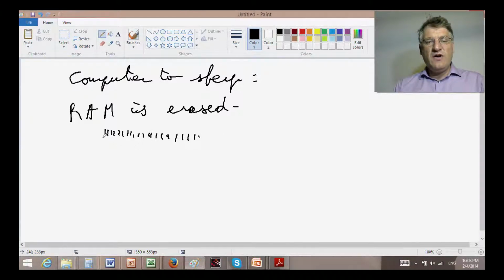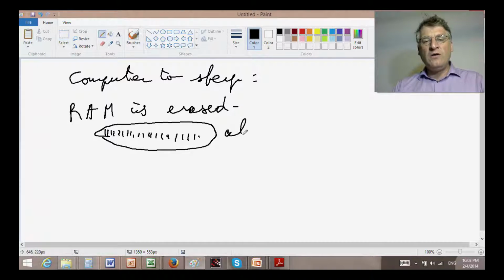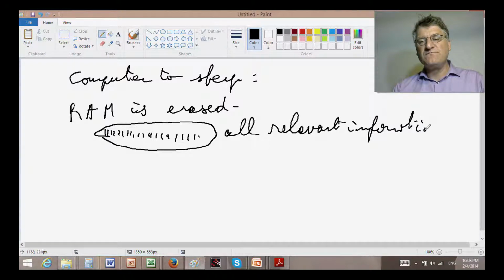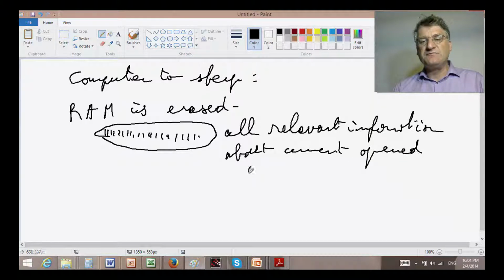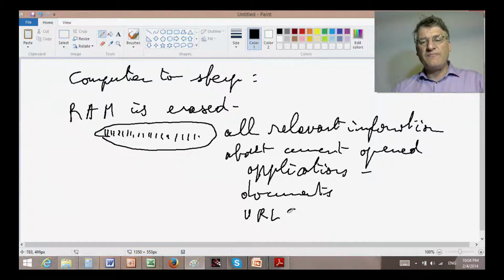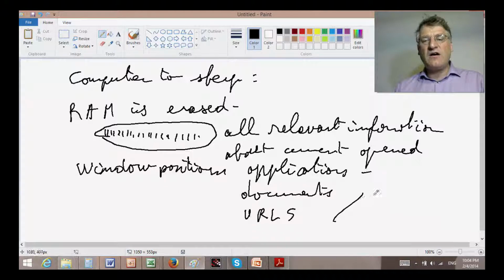And what happens is that while these bars are being drawn, all the relevant information about your current open applications, documents, URLs, window positions, etc., is stored on the disk.